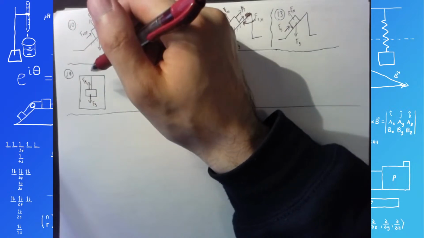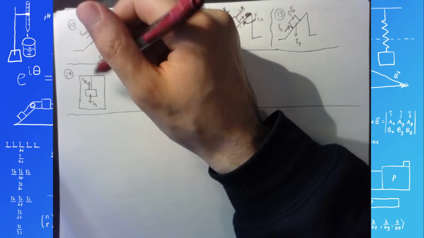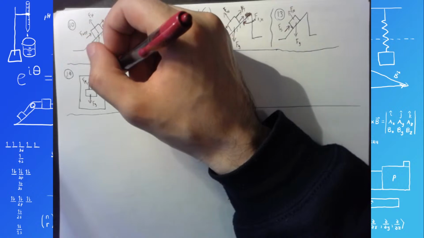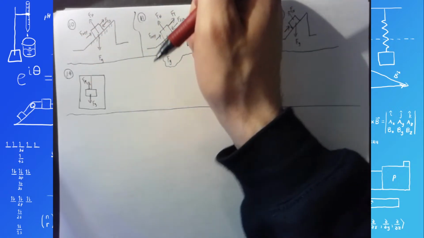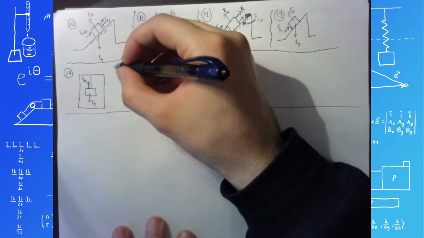There are no springs, and if you're not in contact with a surface, then you can't have friction either, so that rules out everything, and there are no people or machines pushing or pulling on it, so no applied force to consider either. All right, that's scenario 14.